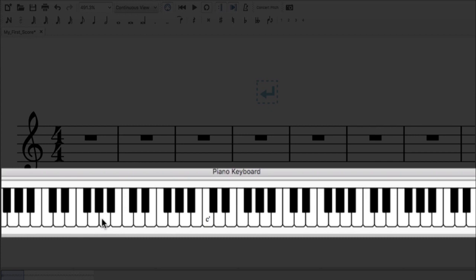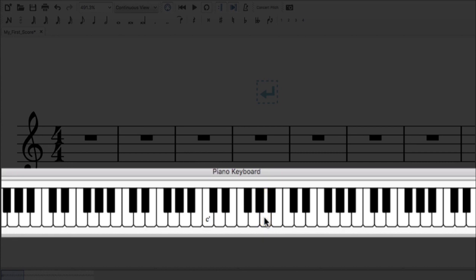This is A, B, C, D, E, F, G, and then A again. So these are both A. And then B, C, D, E, F, G, A again. So this is an A.